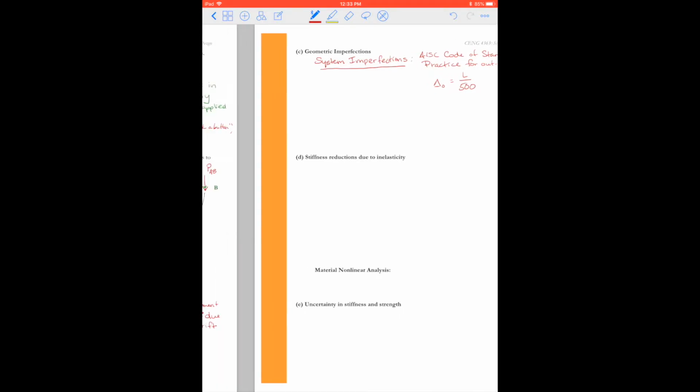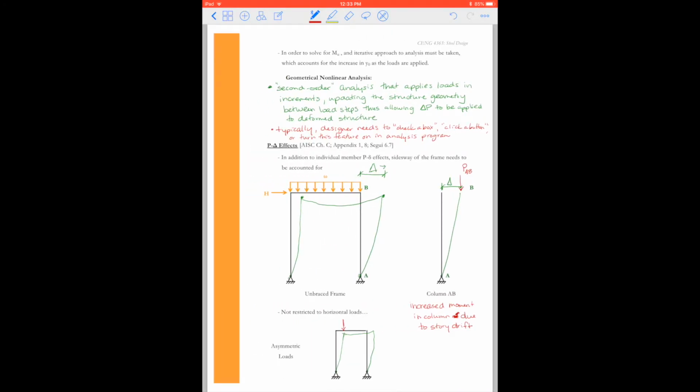If we return to the previous page, if we were designing this unbraced frame, not only might we have horizontal loads and gravity loads, but when we set this up, this first column might be shifted sideways, and this amount that we shift it is our delta 0, which would have to equal the length of the column divided by 500. That just means that we can't get things perfectly straight in real life.